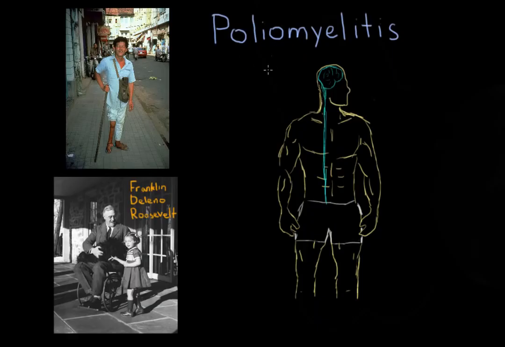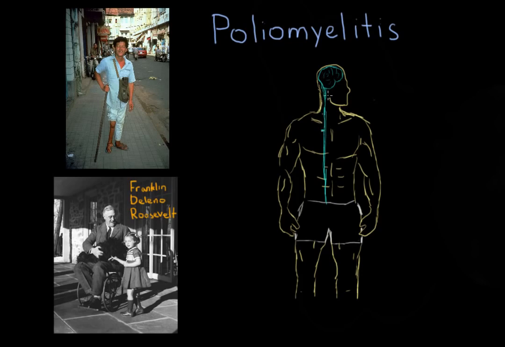Poliomyelitis, also known as polio, is caused by the polio virus. The polio virus causes a debilitating muscle disorder by damaging neurons that extend from the central nervous system. The central nervous system is composed of the brain and the spinal cord.